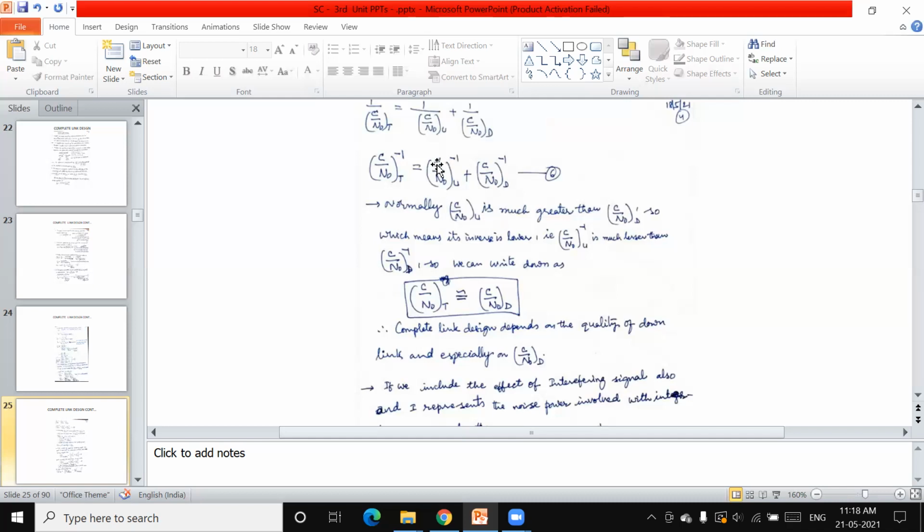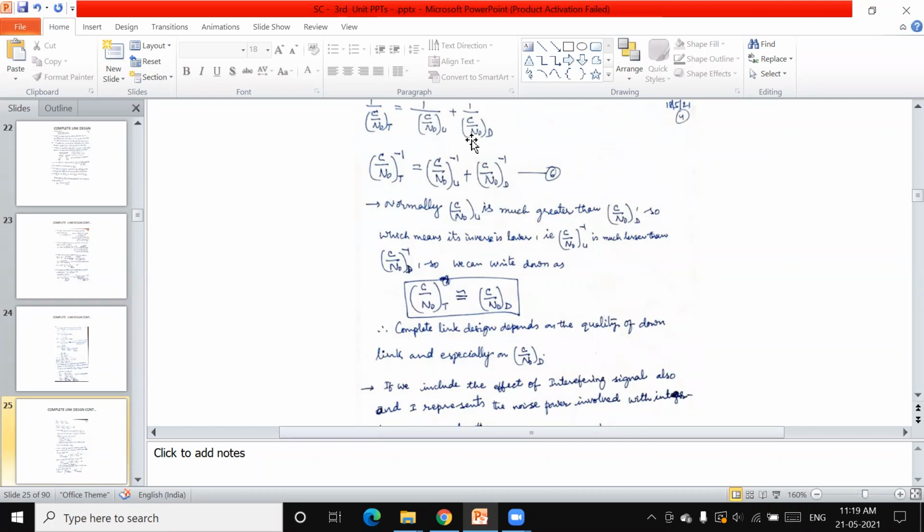Therefore, you can say that C by N naught U is greater than C by N naught D, which means that if it is 1 by this greater value, definitely it becomes less. C by N naught U is for one path, the uplink only.